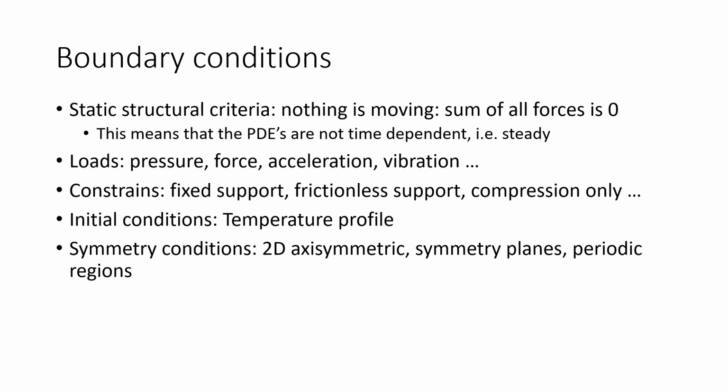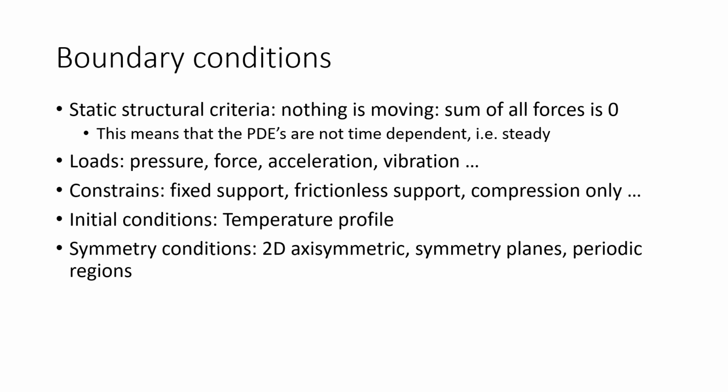Of course, as learned in differential equation courses in math, we need some initial conditions, which can often be profiles, for example a temperature profile. We also have some factors which can ease up our simulations computationally. They are usually the symmetry conditions.